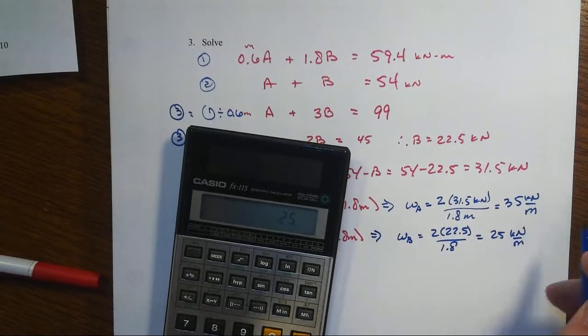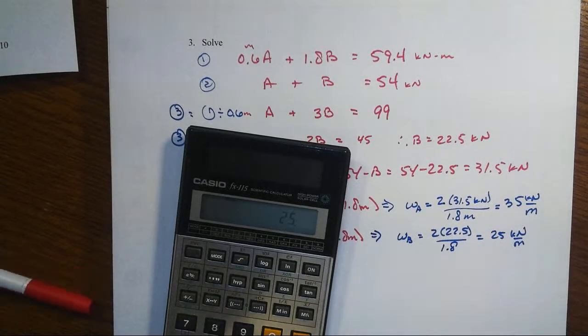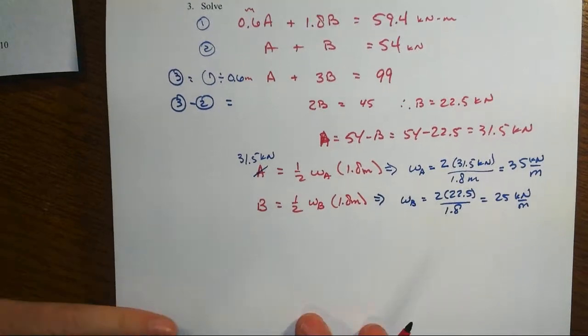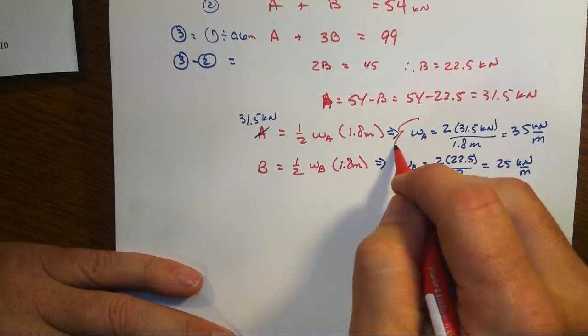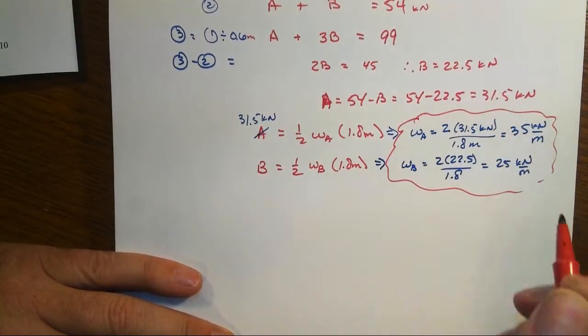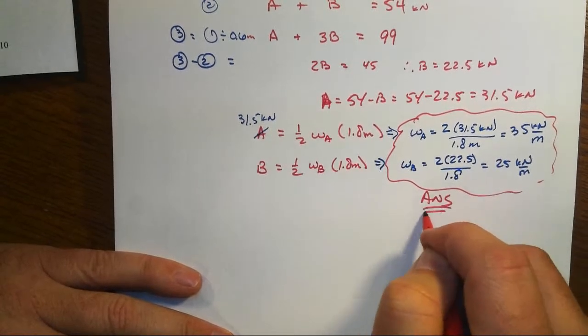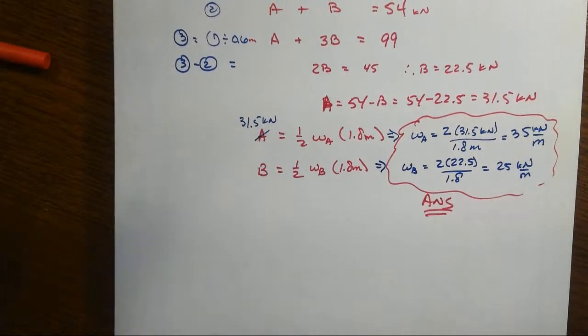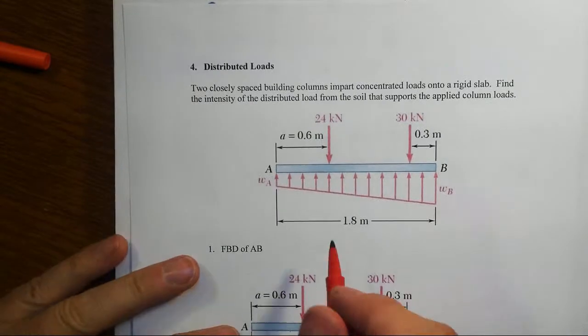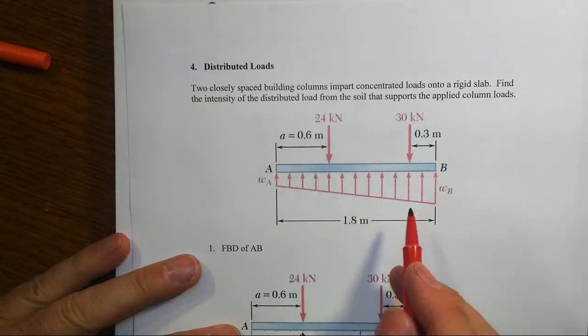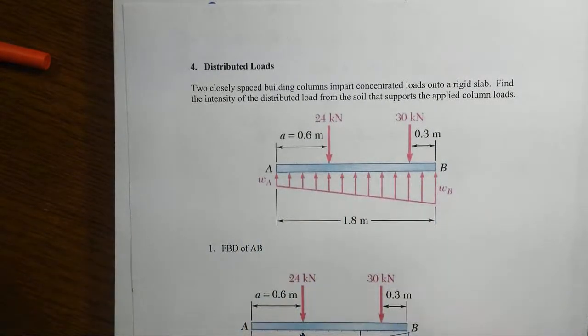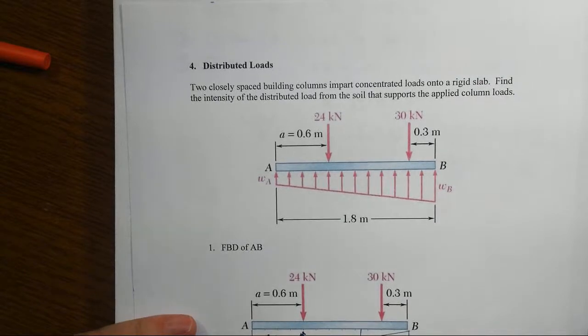Only in a statics book would you get nice perfect numbers like this as your answers, right? But there you go. Those are the intensities of our distributed force that correspond with the distributed load that the soil is going to support those applied columns, right?